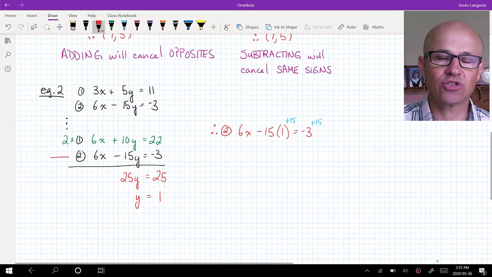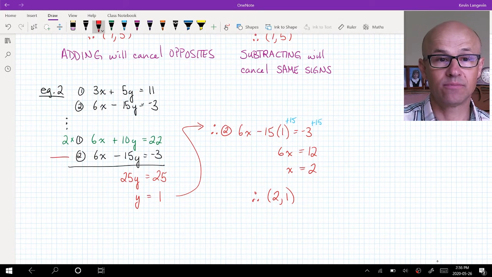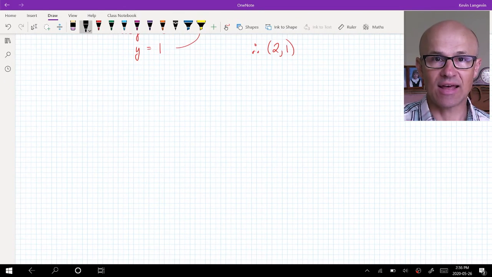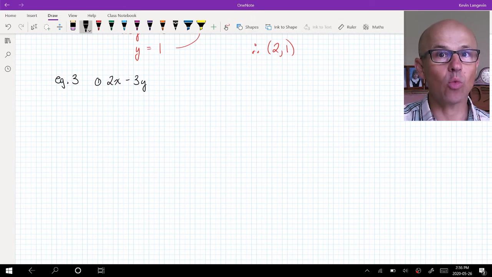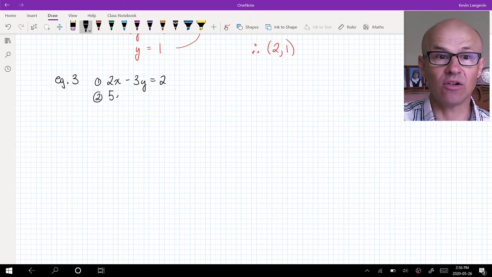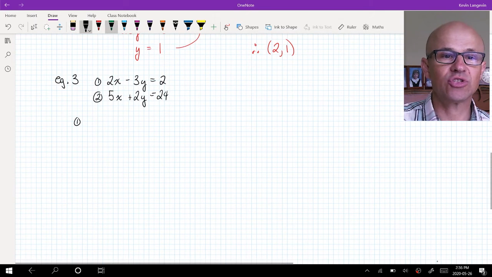I'm choosing equation 2 this time. I get x is equal to 2. So my solution is (2, 1). Line up your variables, line up your equal signs, add or subtract depending on what will cancel out something, and then solve.